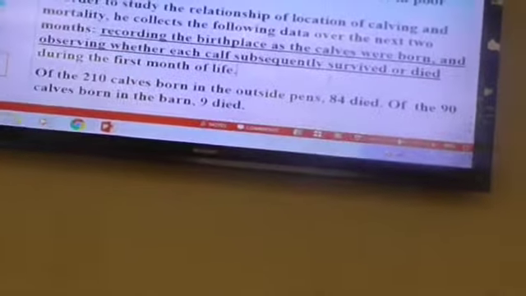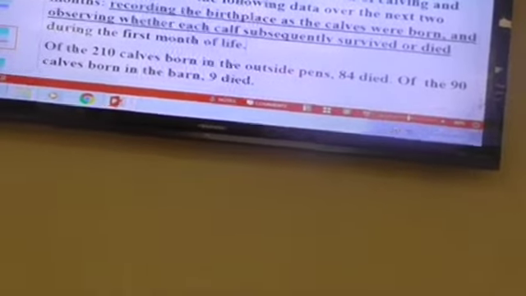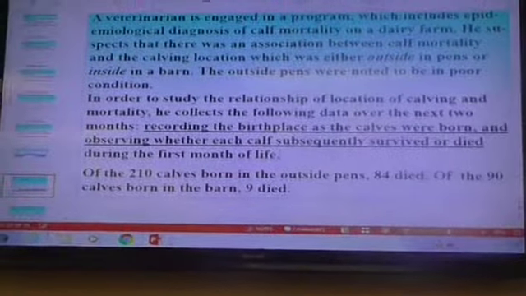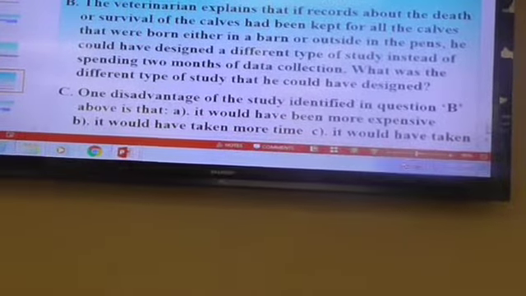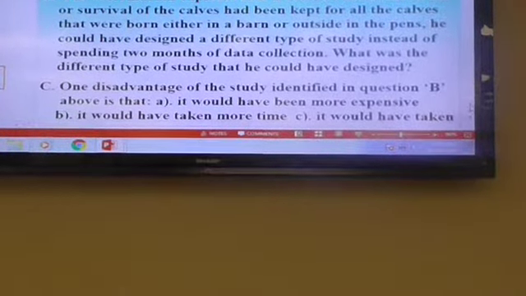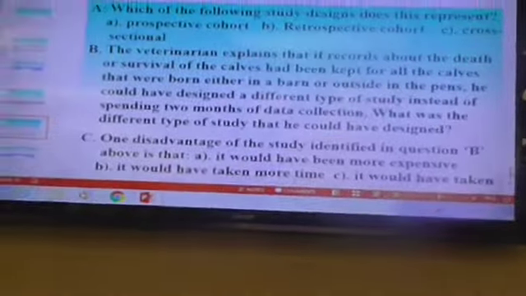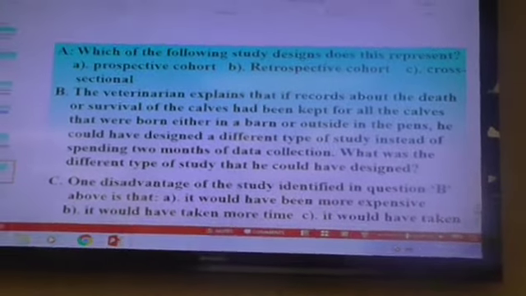So the questions, again, this is typically what you want to get on your test or on your exam. So which of the following study designs does this represent? Again, you have to be very specific because the information is very clear.